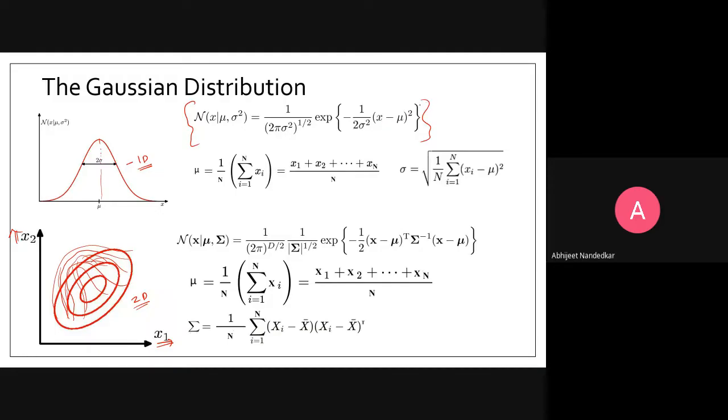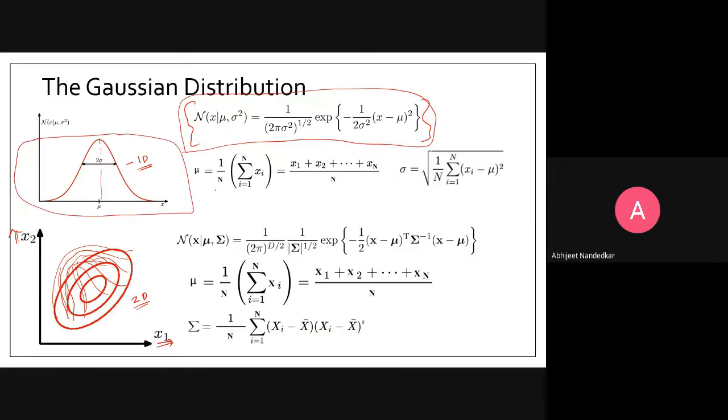Okay, x minus mu whole square. So this is the formula for computing the probability for the normal distribution, or actually this is the normal distribution model.